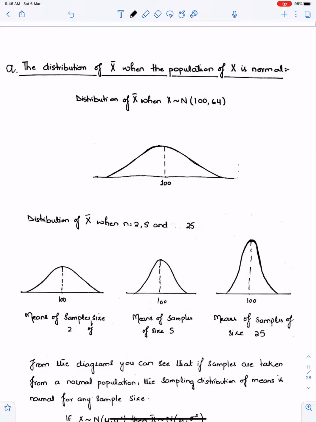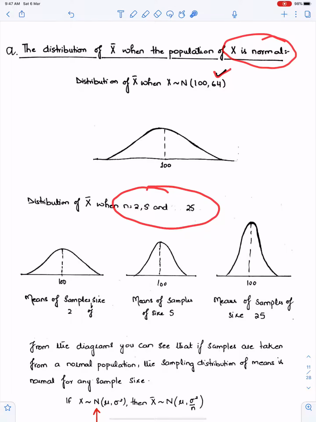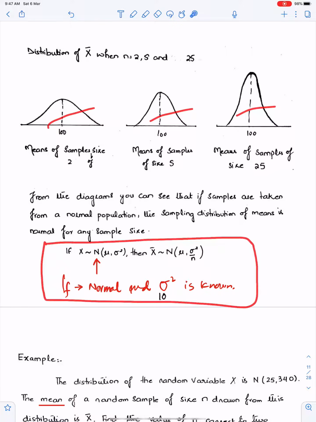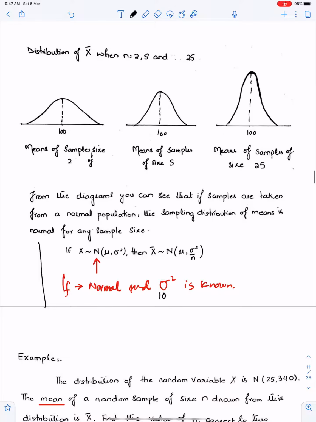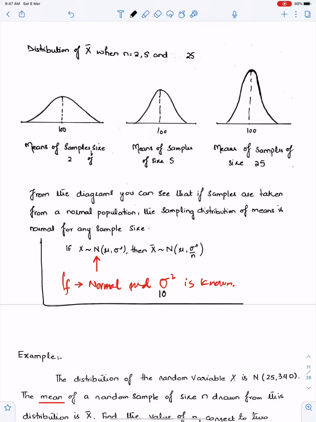This is the condition: sigma square is known. So we have done this, that when the population is normal and sigma square is known, then for any sample size, x bar will always be normal. Because this will be used in confidence intervals.